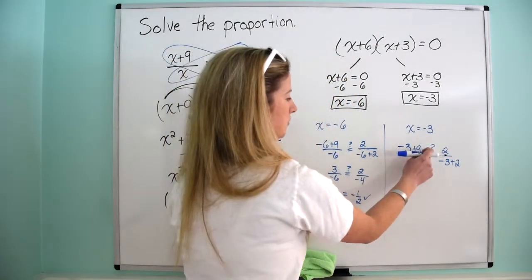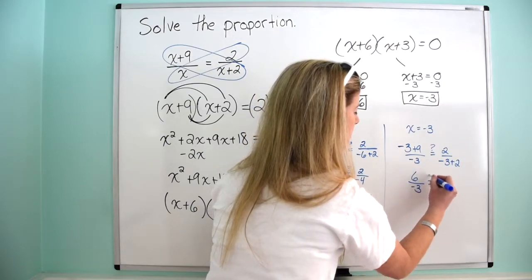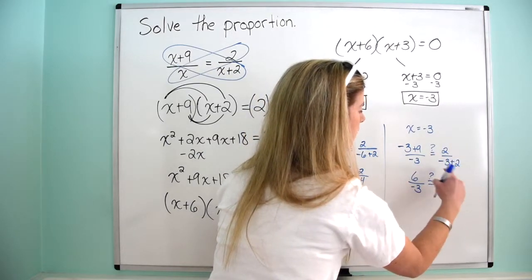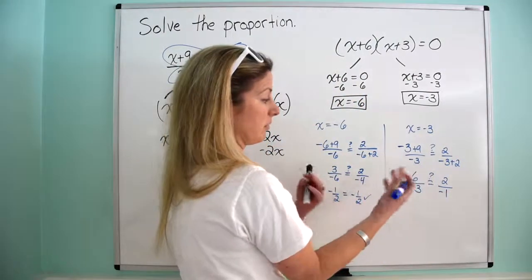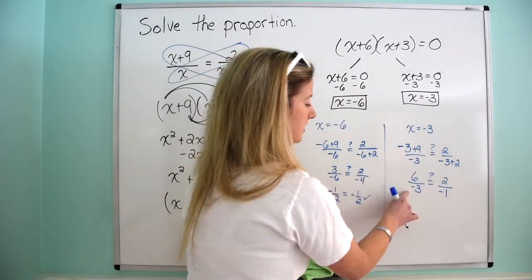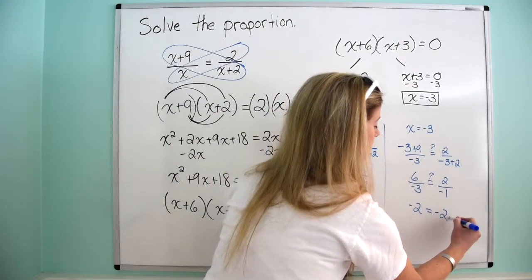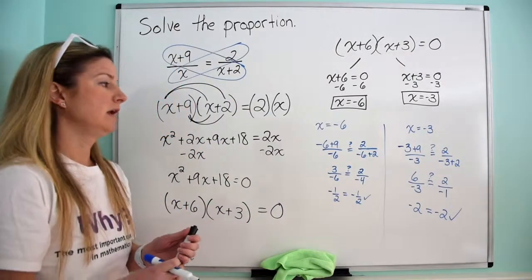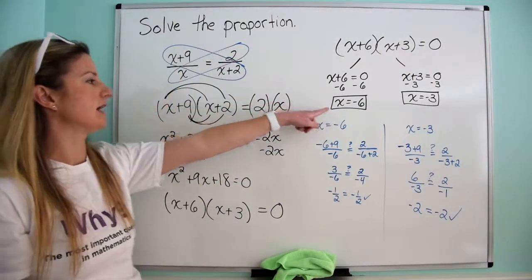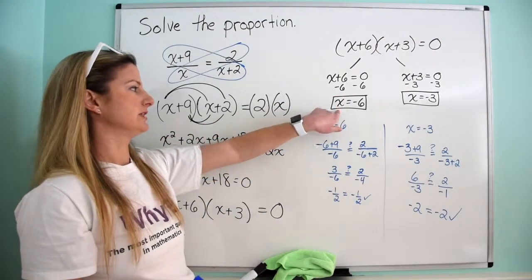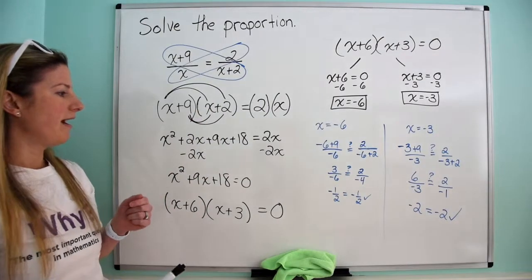So negative 3 plus 9, that's going to be positive 6 over negative 3. And does that equal 2 over negative 3 plus positive 2, which is negative 1? Yes, you can recognize that right away, but let's take it to the final step. 6 divided by negative 3 is negative 2, and 2 divided by negative 1 is negative 2. Ding, ding, ding. All right, so both work. So this is great. So our answer is x equals negative 6 or x equals negative 3.